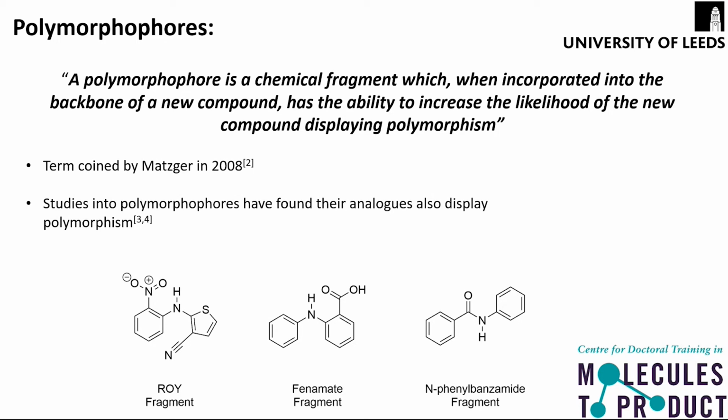One other thing which I've not mentioned much is machine learning, but a big goal of this is increasing the usability of databases like the CSD for data mining for machine learning. If you're going to data mine and do machine learning around polymorphism, then you need positive and negative data showing that something is polymorphic and something that isn't.